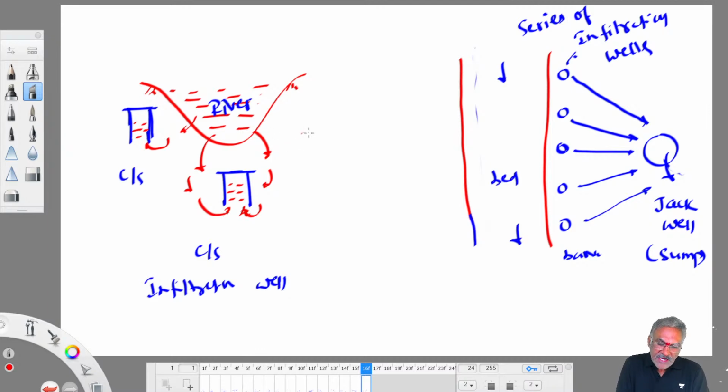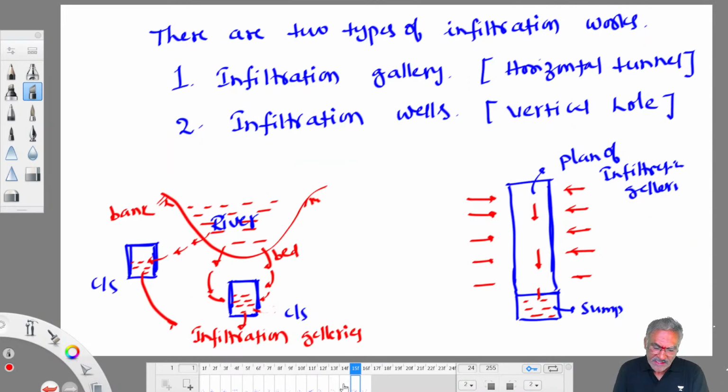So what is there between these two? Sandy strata. When water passes through sandy strata, naturally, sand is a good filtration material, so water is filtered. Same in the case of this one also.